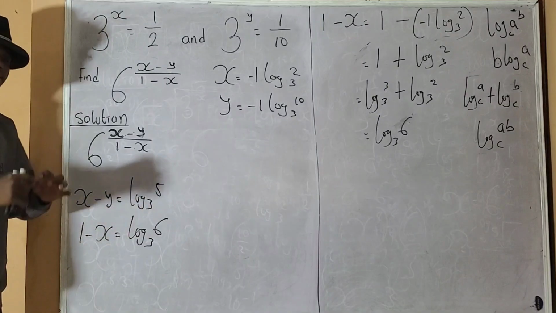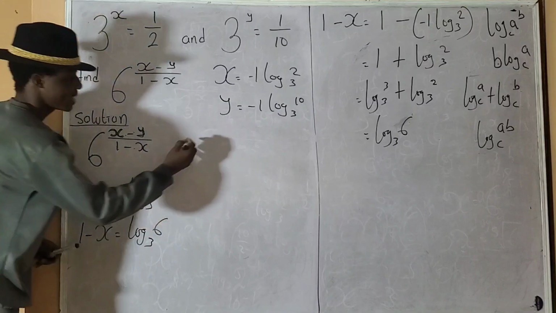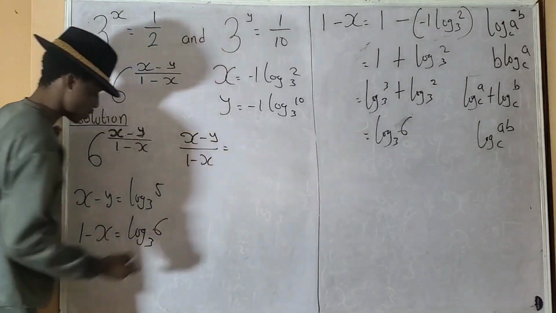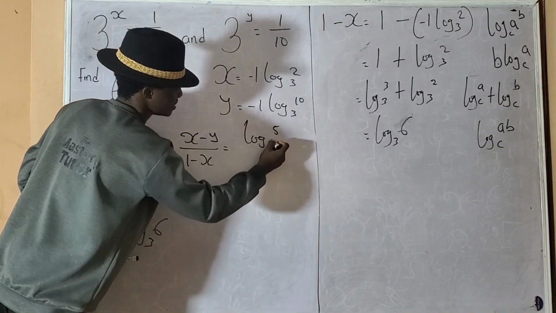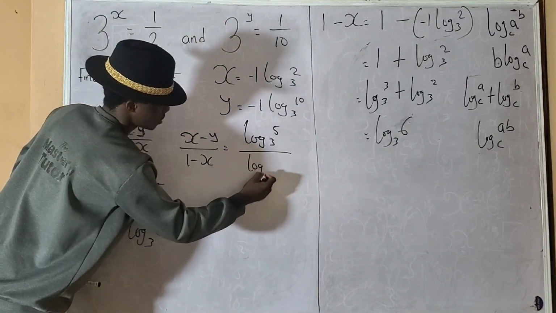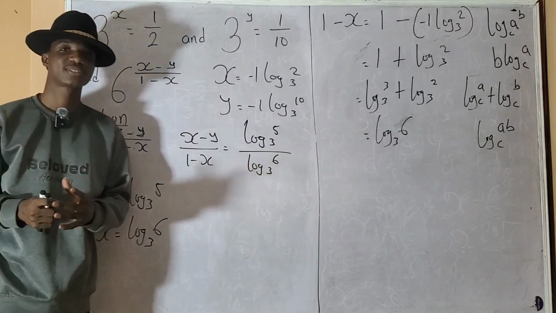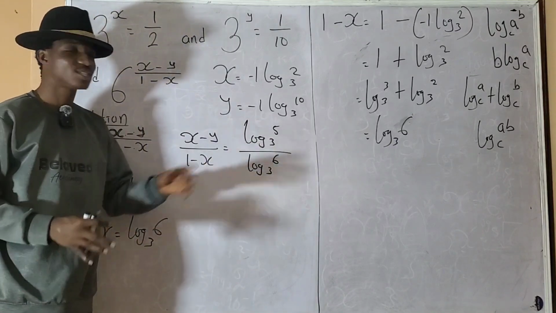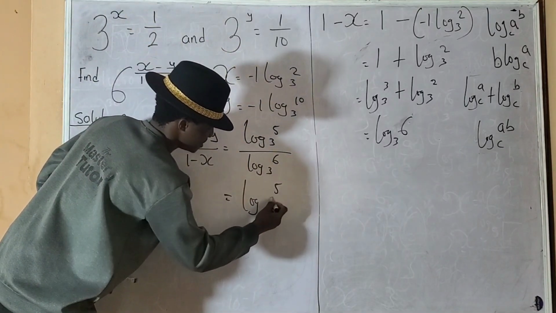Now, let us find the quotient of x minus y and 1 minus x. x minus y over 1 minus x will be equal to log 5 base 3 divided by log 6 base 3. Okay, here you are going to use the change of base formula. Are you getting it? You're going to use the change of base formula. So you're going to obtain log 5 base 6.